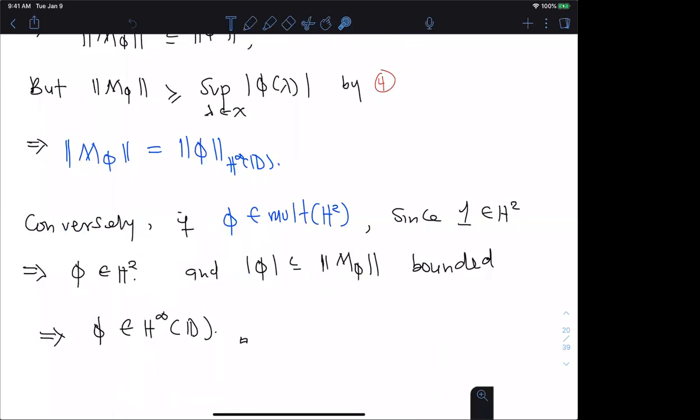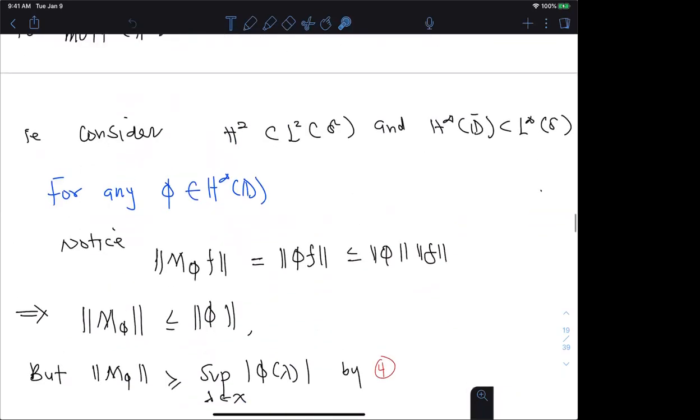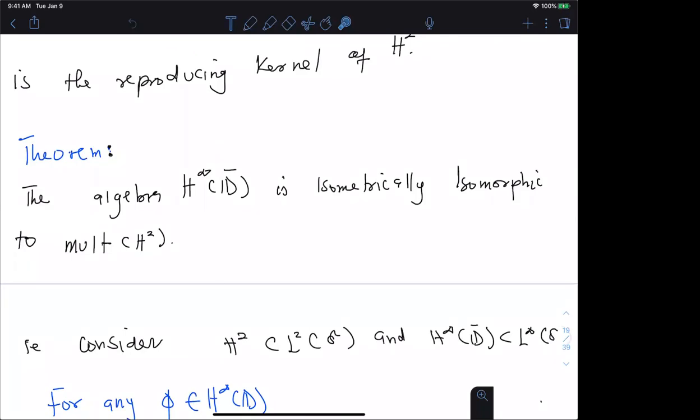And we have that phi is an analytic function on the unit disk. So these two terms are going to be used interchangeably: the algebra H infinity on the closed disk, and the multiplier algebra on the Hardy space.